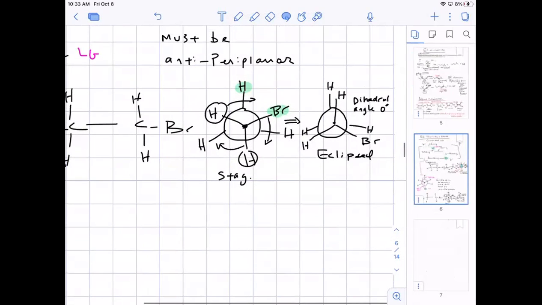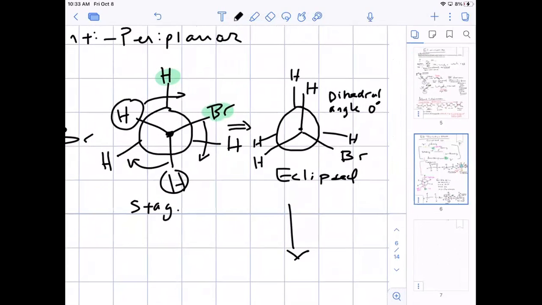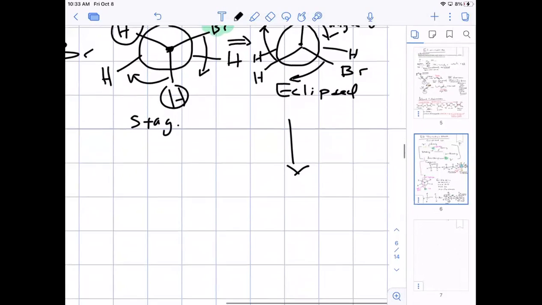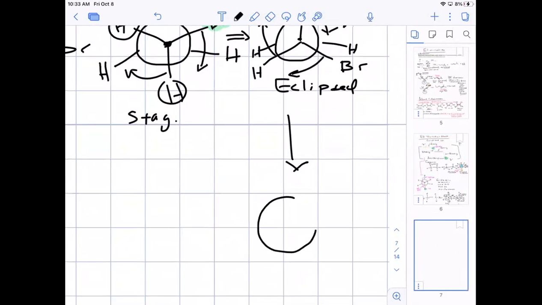All right. So if I rotate again, and I'm going to move all this before I post it, right? Around. So I'll take each one of these. I'll take this carbon, I rotate it this way again by 60 degrees, right? I'm going to get to another staggered conformation, but bromine is going to be in this position right here.